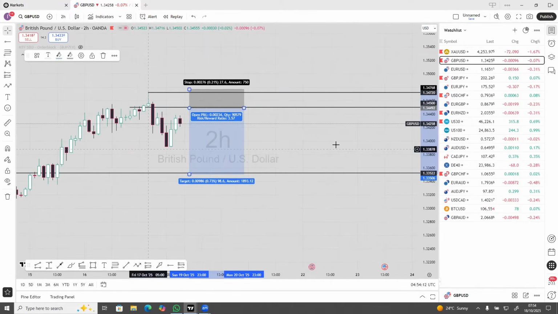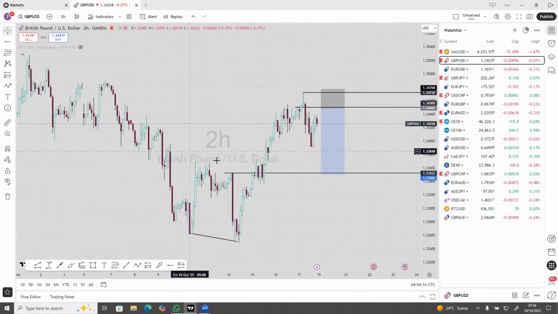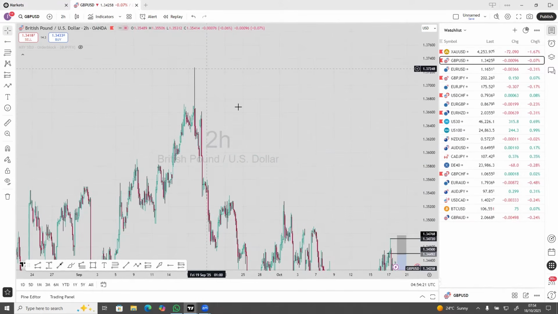Then after, we're supposed to take a long position from daily demand, and you can place your target at the previous high. Over here we have that supply.